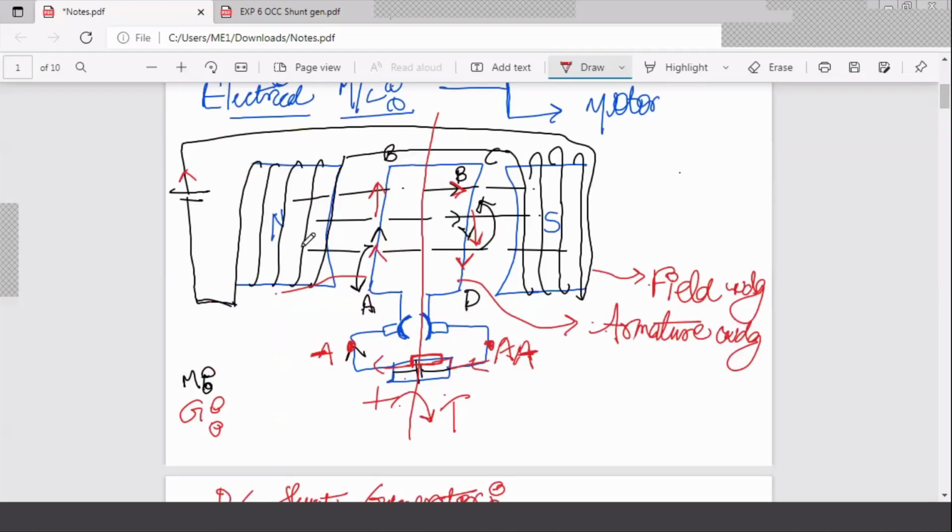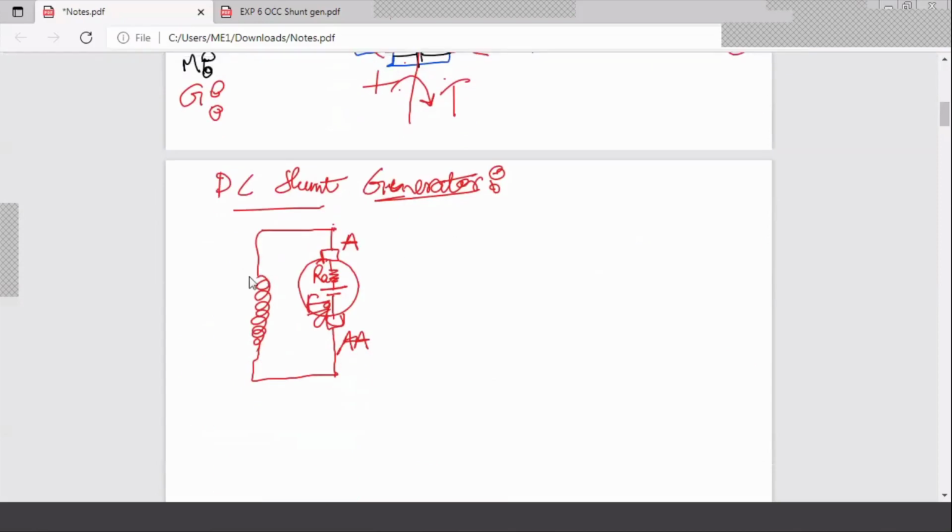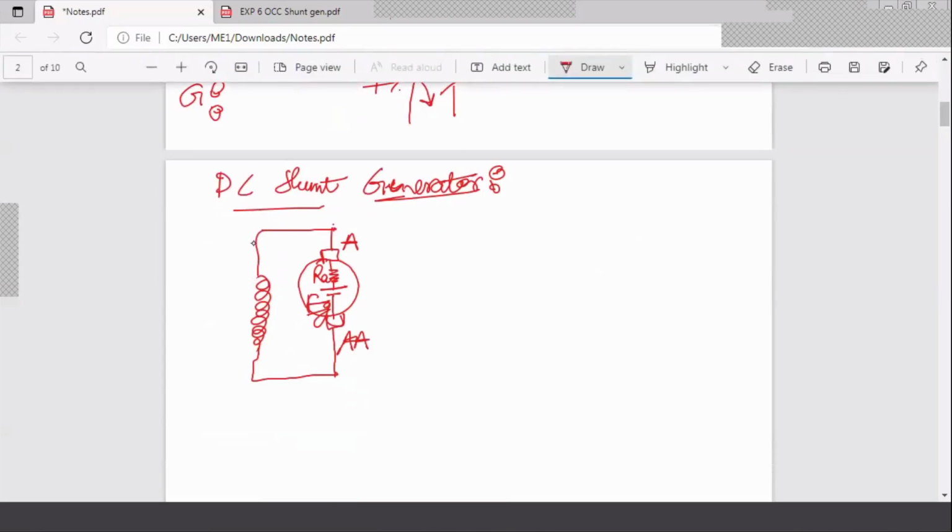Now we know that there is another coil, the field coil, which is responsible for production of flux. You can see this is represented separately. This will also have some amount of resistance, RSH, and it is connected parallel to the circuit here.